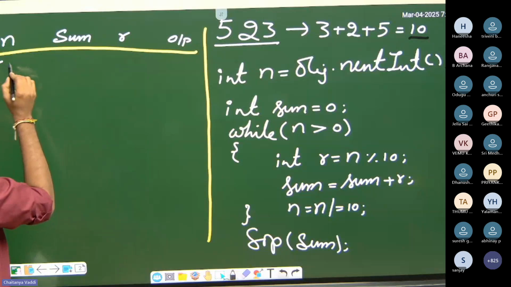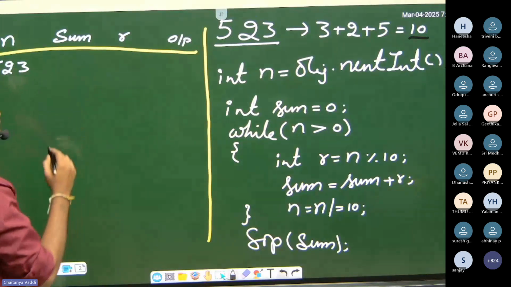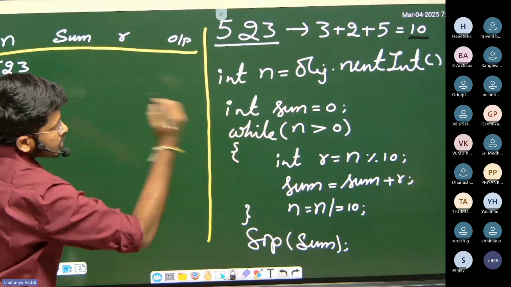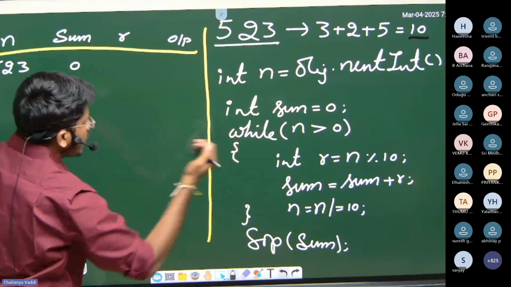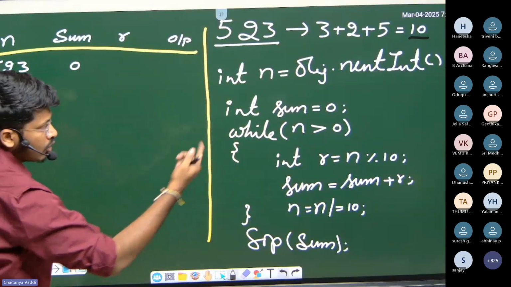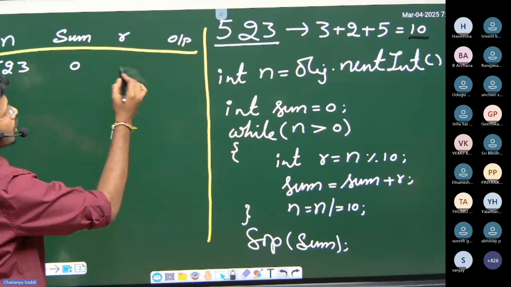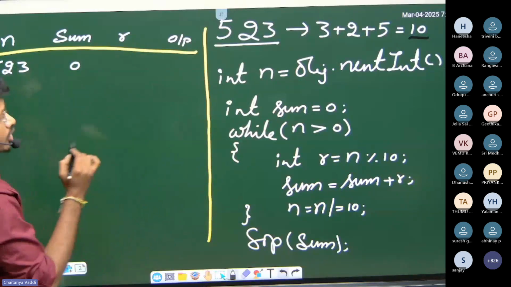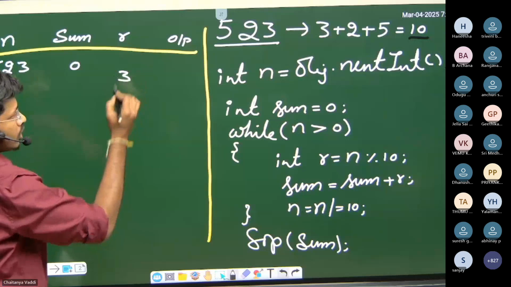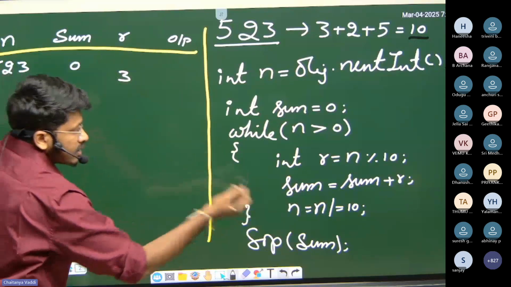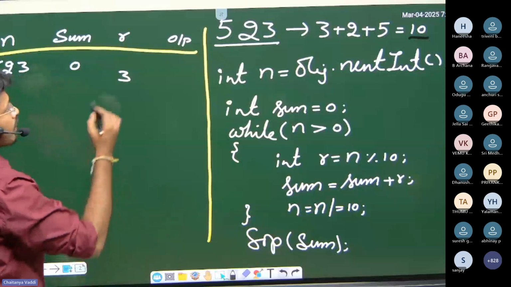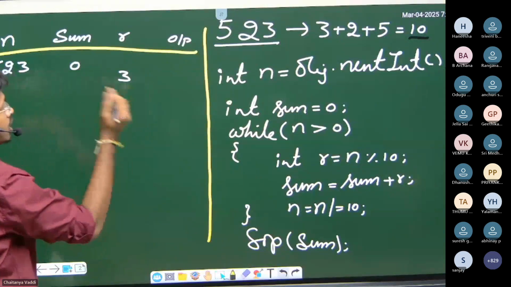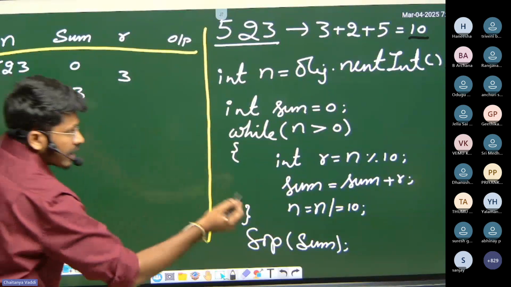Let us assume n value is 523, sum equal to 0, and the while condition is n greater than 0. So the condition is true. So r equals n mod 10, nothing but 523 mod 10, 3. So r becomes 3, and then next statement, sum equals sum plus r, nothing but 0 plus 3, 3. 3 will be stored in sum, and then n divided by 10.